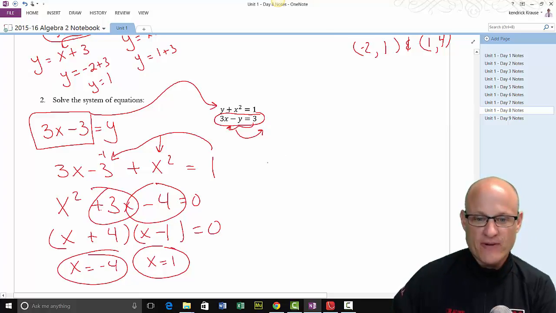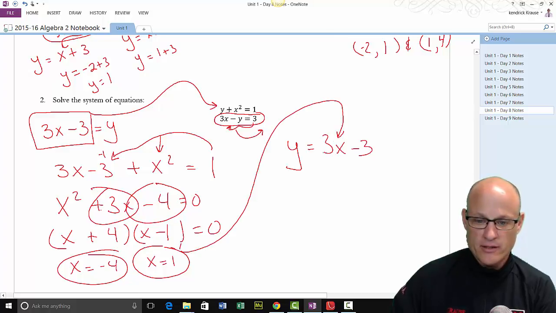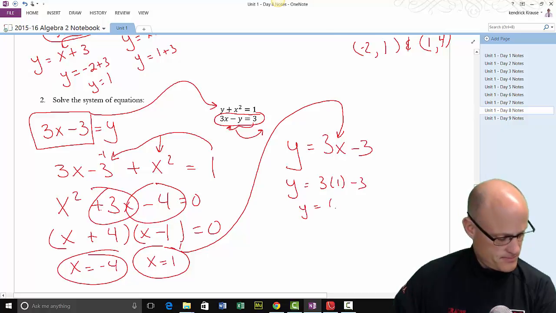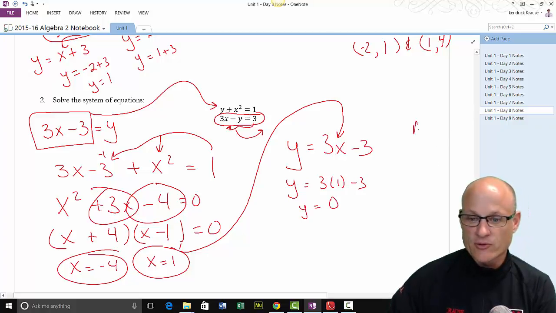So now I want to find out what the other one is. I'm going to take this equation that I have, y equals 3x minus 3. I'm going to plug in a 1. So y equals 3 times 1 minus 3. Oh, that's 0. So one of my answers is 1 comma 0.